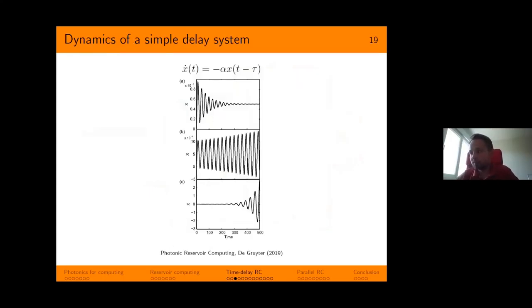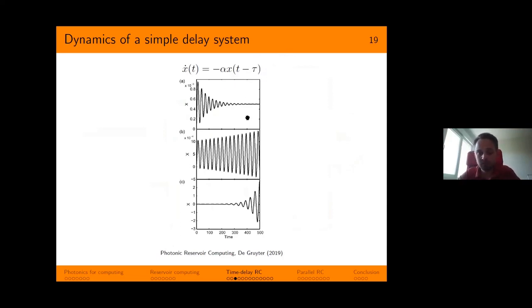Consider an example of one of the simplest delay systems here, where we have tau a delay and alpha a certain coefficient that we will keep constant. This system can have heavily complex dynamics, can exhibit oscillations and even chaos depending on the values of the parameter tau, depending on the delay. Here we have three examples.